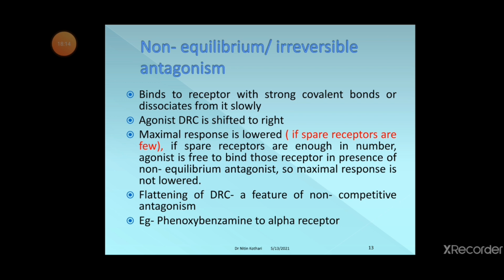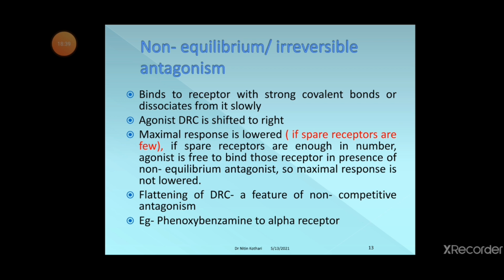Here in irreversible type of antagonism, antagonists bind by covalent bond to the receptor, and these bonds are strong. So they dissociate from the receptor very slowly, or they do not dissociate at all.